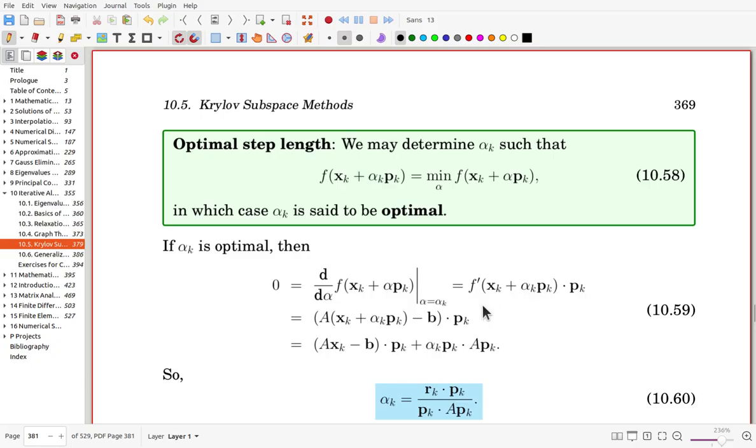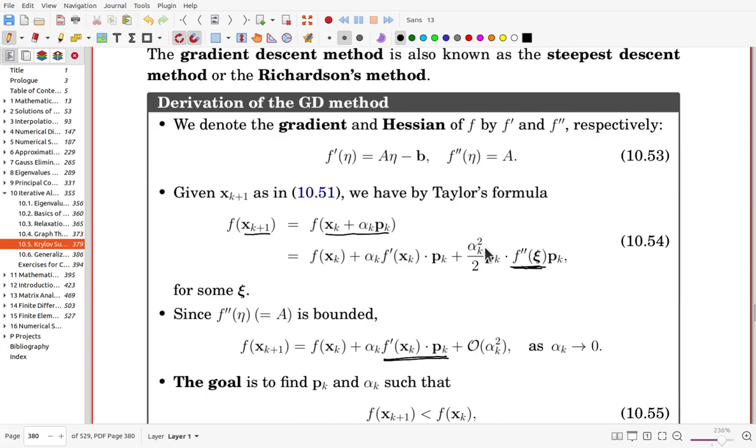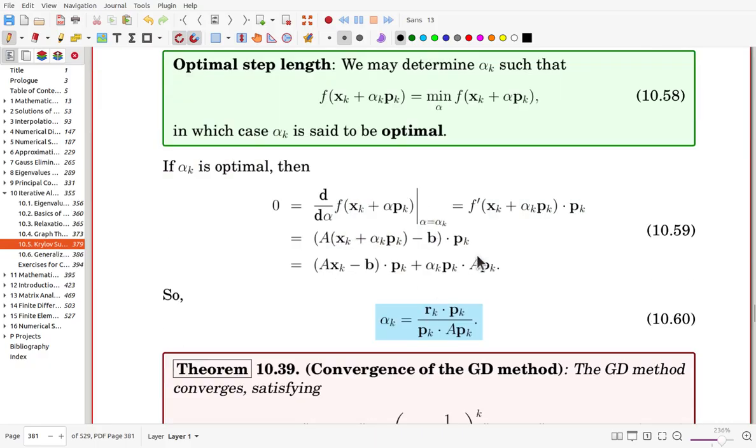Now, earlier we know that f prime eta is A eta minus b, so that f prime, this vector is same as A times this vector minus b, and pk. We expand, so that from this one, of course this is negation of residual, so that minus rk, and let's write down here, that's minus rk dot pk plus alpha k pk A pk is 0.